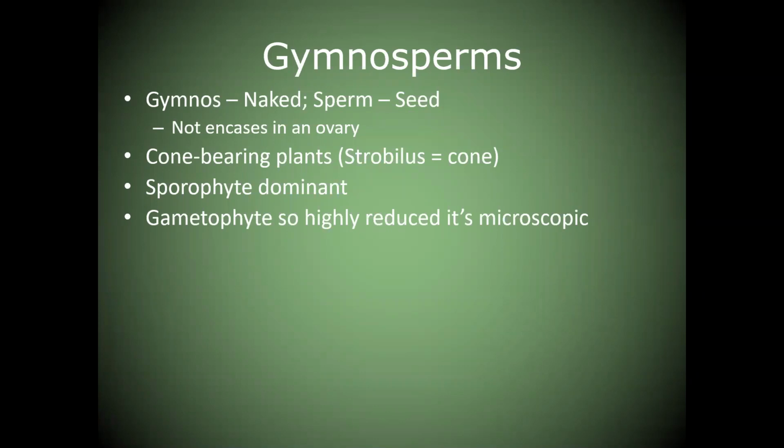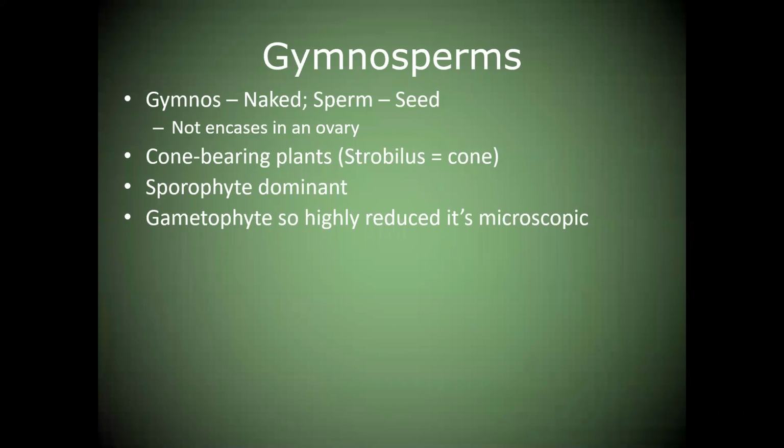Gametophyte has now become extremely reduced in size, so reduced it's microscopic. Literally, you have to put it underneath a microscope to see it. The sporophyte is the one you see when you say, oh, a pine tree, you're actually looking at the pine sporophyte, and it is macroscopic.